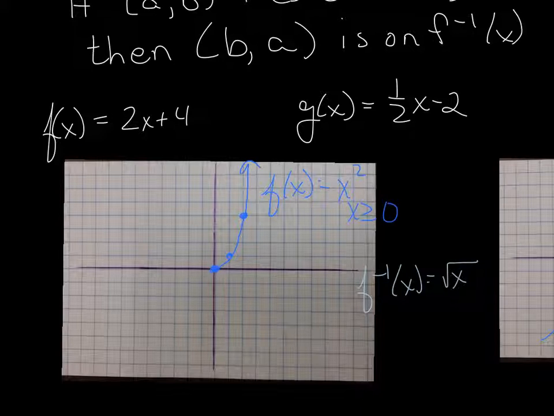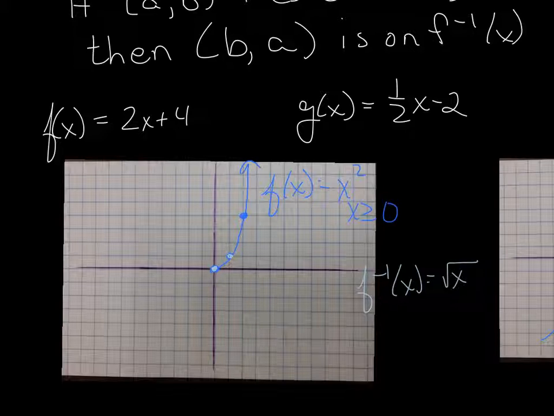All right, so say I didn't know what the square root of x looked like. Maybe we forgot. We're going to take some points that we know from the function and switch them. The point 0, 0 stays the same. What about the point 1, 1? It's going to stay the same. Now this was 2, 4.